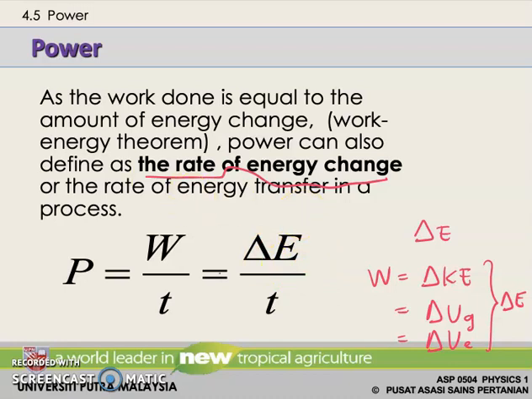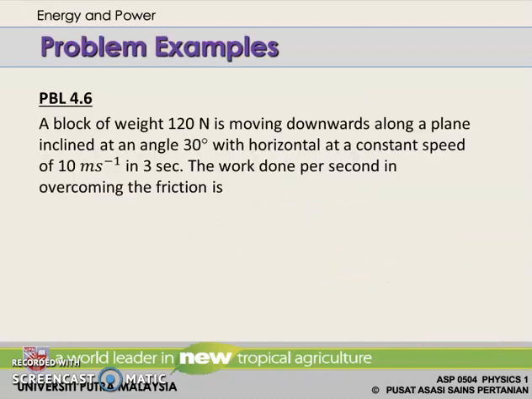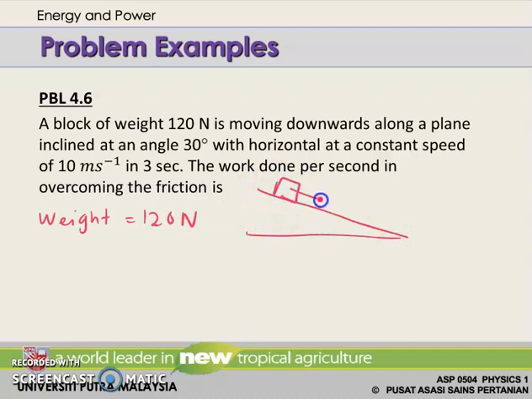Alright? So going to our example. A block of weight 120 newtons is moving downwards along a plane incline. The angle is 30 degrees with the horizontal, at a constant speed of 10 meters per second, in 3 seconds.